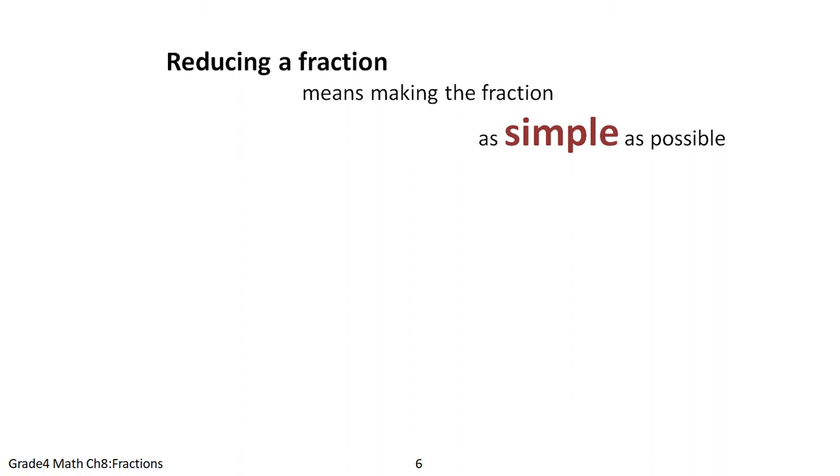Subtraction is connected to division. Yes, and how is it connected? That is, repeated subtraction means division. So when you repeatedly subtract, it becomes division. When you repeatedly reduce, what will you do? Division. Yes, reducing a fraction means making the fraction as simple as possible.